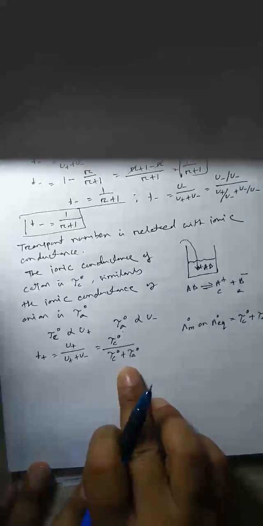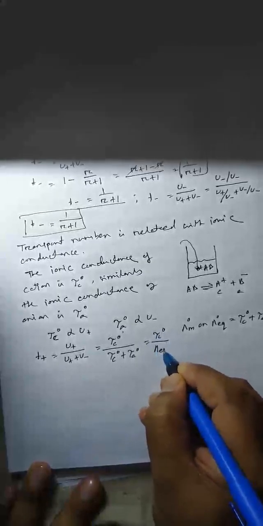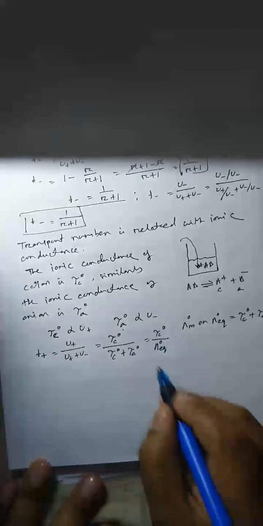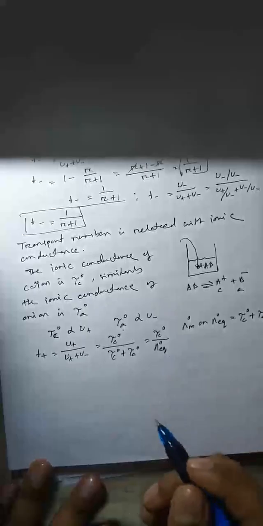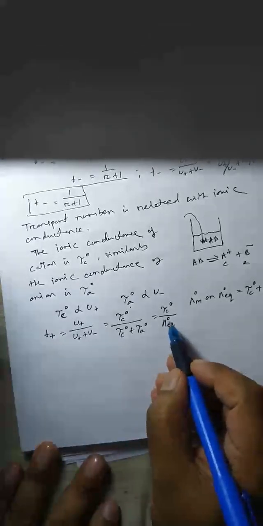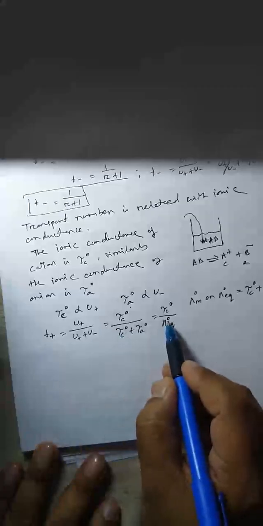So in place of this, I can write lambda C naught by lambda EQ naught, or you can also write lambda M naught. Nothing is wrong. So this is the relation between the transport number of the cation and the ionic conductance.